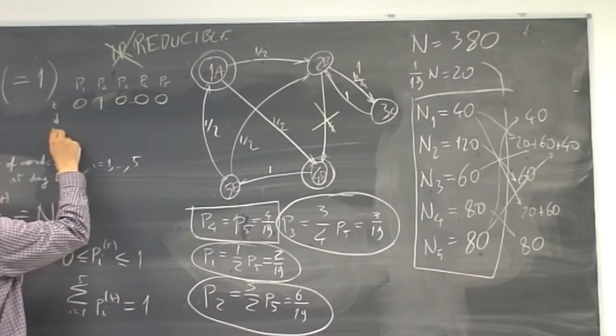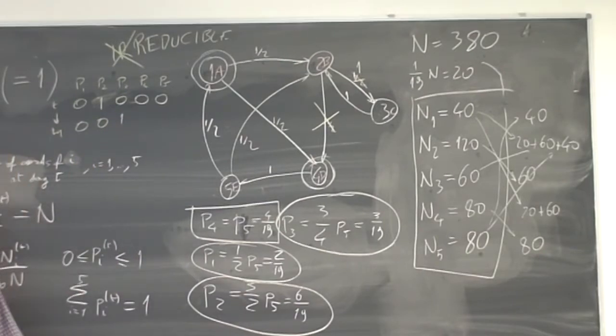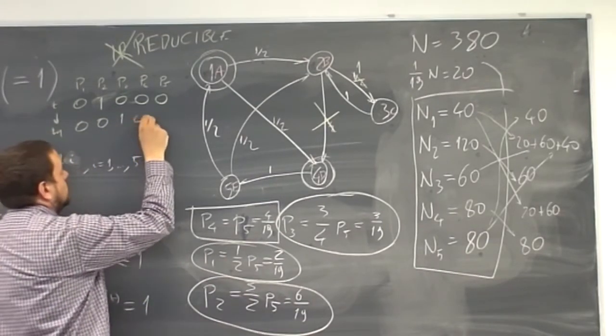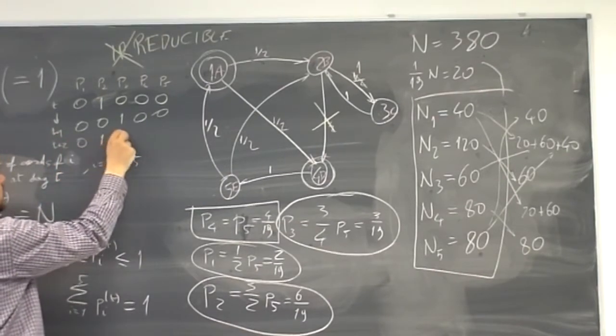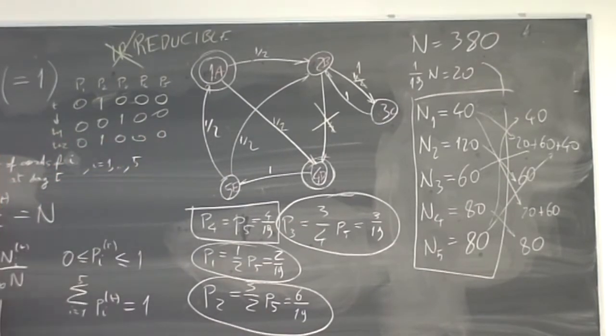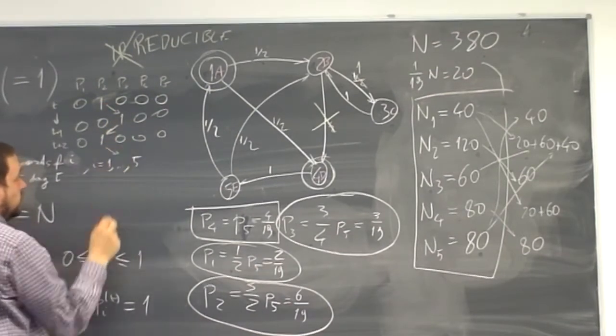At time t plus 1, we have that the card has necessarily gone to C. At the next time, the card will have gone back to B, and so on. So in this case, we don't have any convergence. The card will keep moving between B and C.